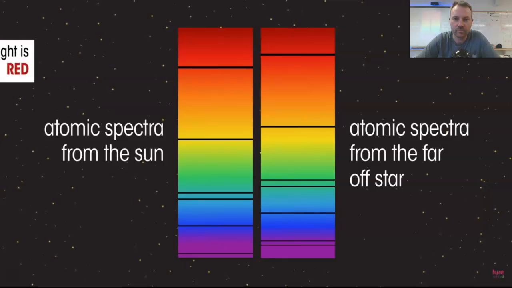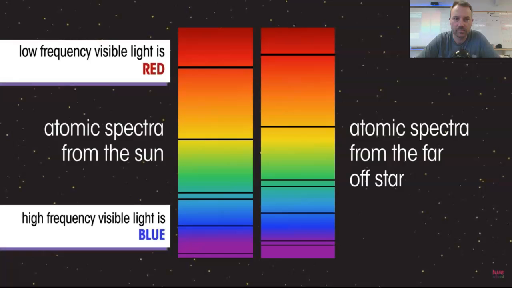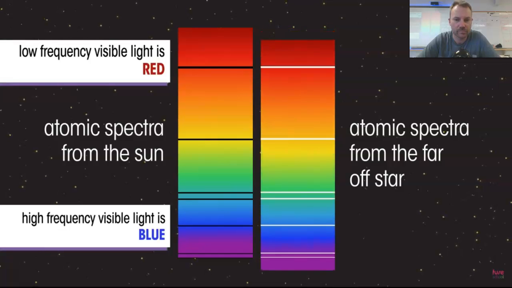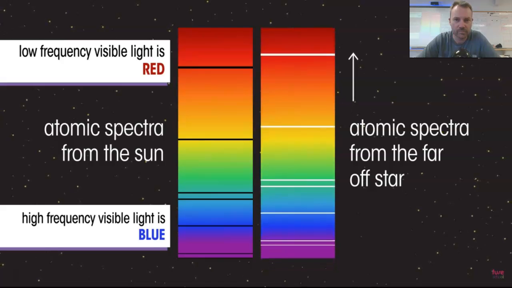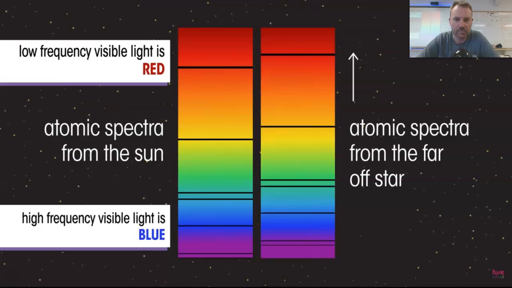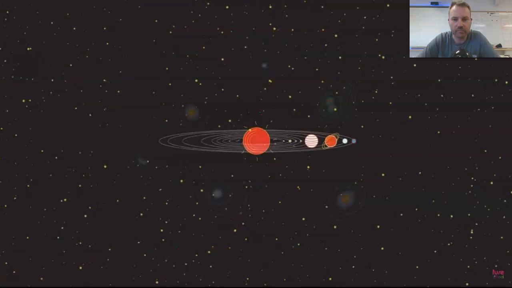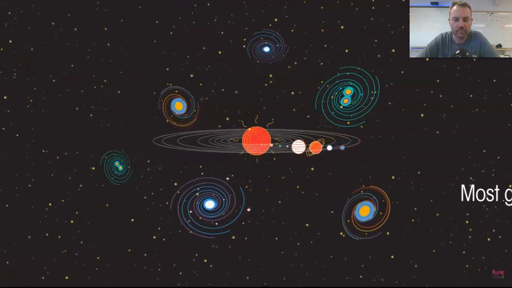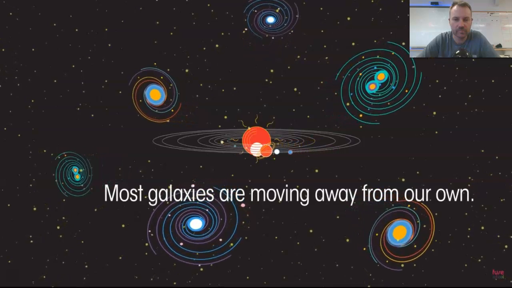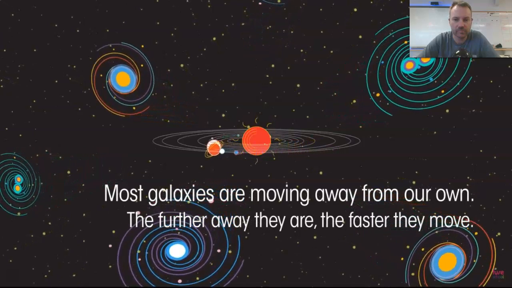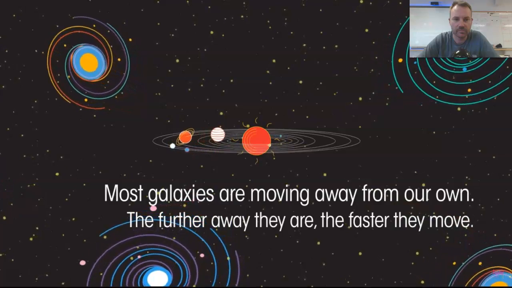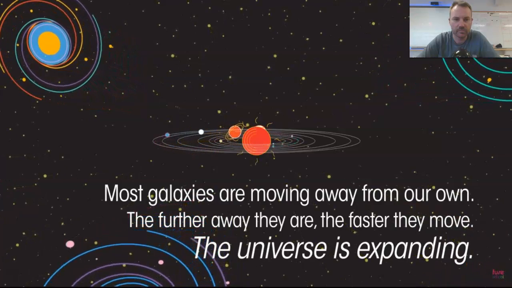Remember, low-frequency visible light is red and high-frequency visible light is blue. The lines in the spectra are the same pattern, but they have been shifted to the red end of the spectrum of the distant star. Hubble concluded that most galaxies were moving away from our own. The further away a galaxy was, the faster it was moving away from us, and the universe is expanding.